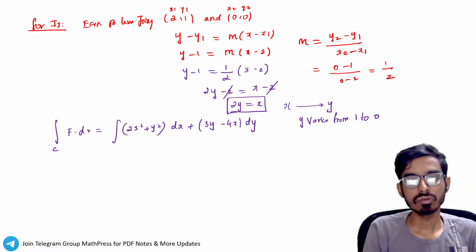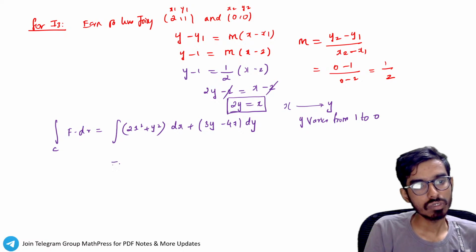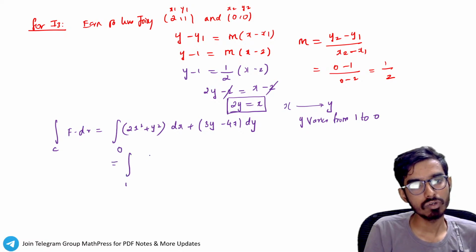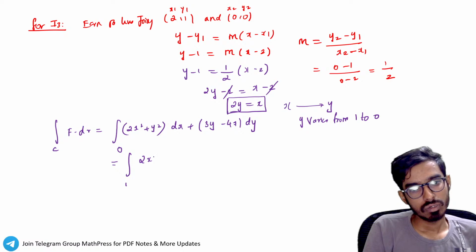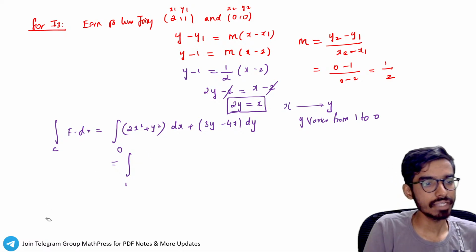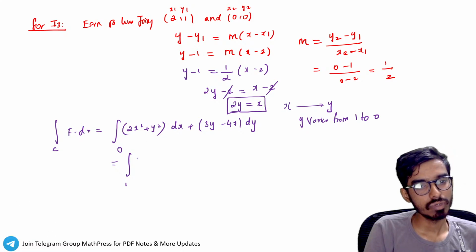Yes, okay. So you can see y varies from 1 to 0. So this will be integration with y varying from 1 to 0. x is 2y, right? So x is 2y.